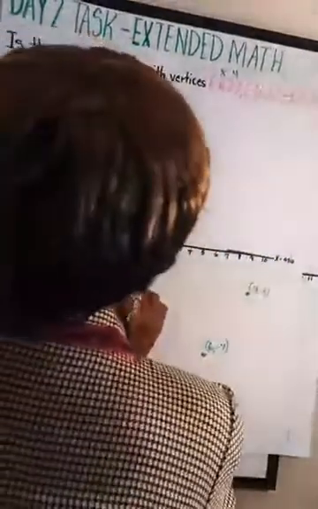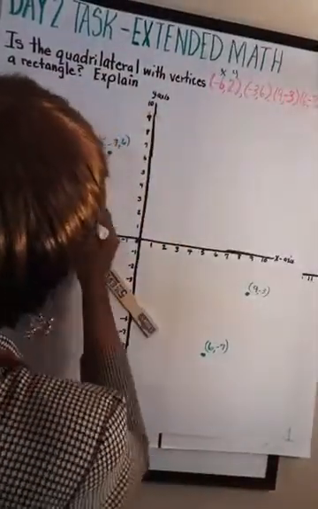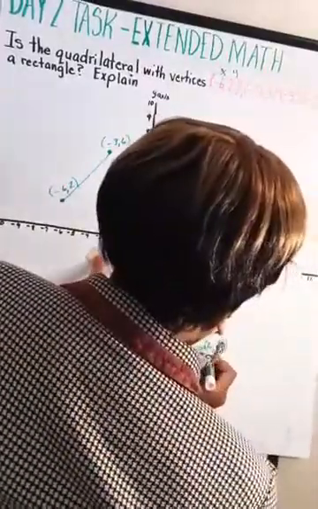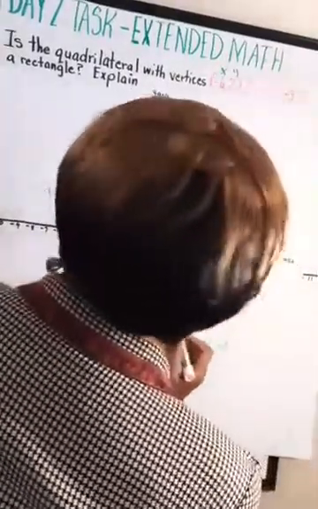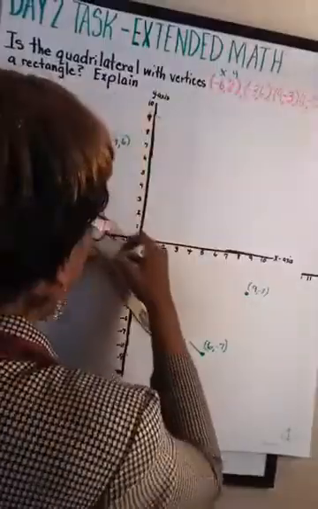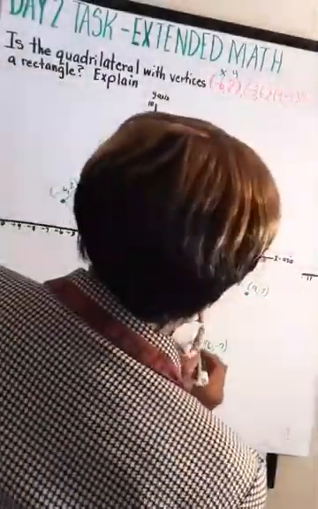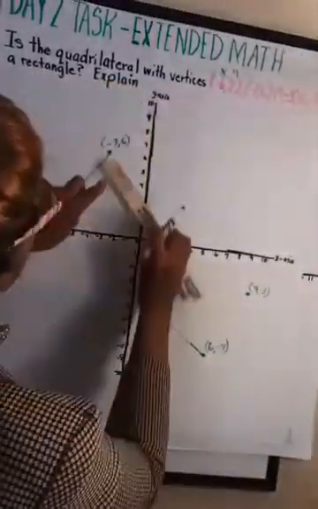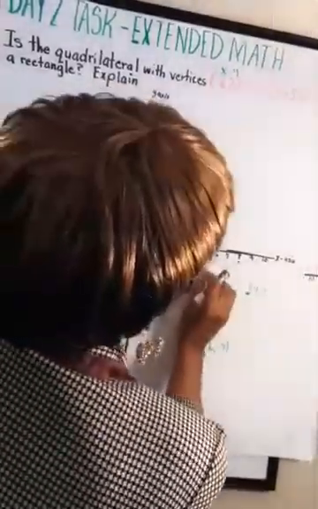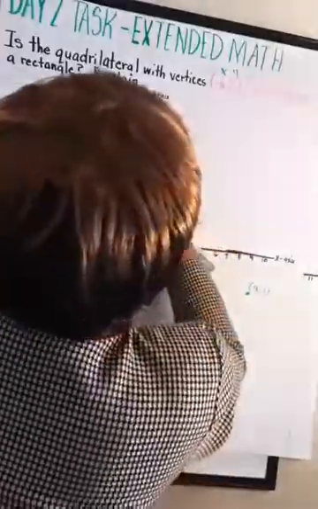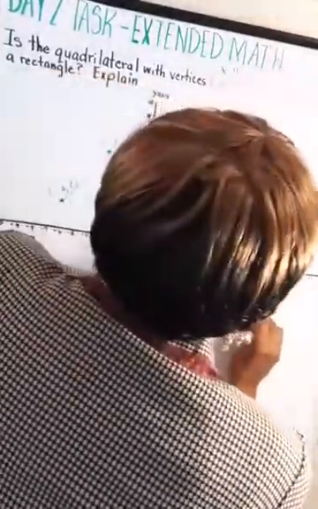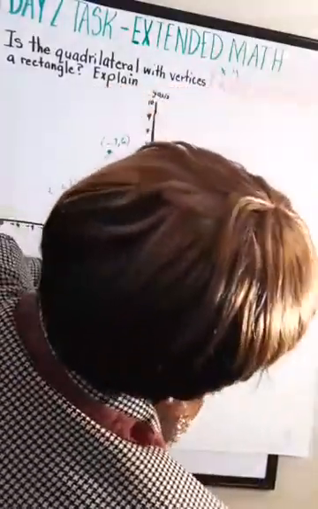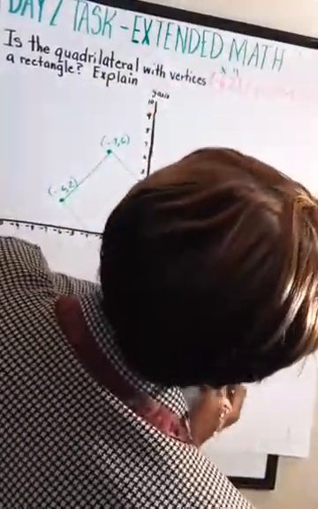You're thinking of a square. Ooh. Messed up that. I can't draw it straight, I'm freehanding here. And my ruler. So is this a rectangle?